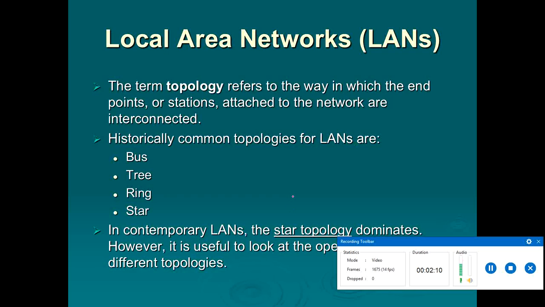The first thing that comes to our mind when we talk about local area network is the word topology. Topology means the way our systems are connected to each other.